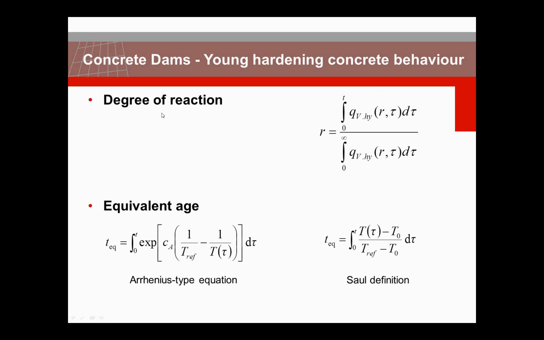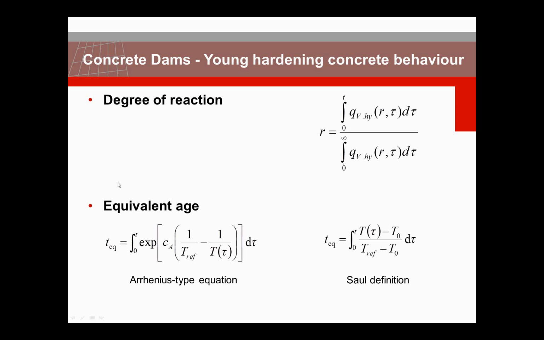So let's look at what this degree of reaction means. In degree of reaction we look at the heat that is generated up to a certain time in relation to the total heat that can be generated by the concrete during the hardening phase.